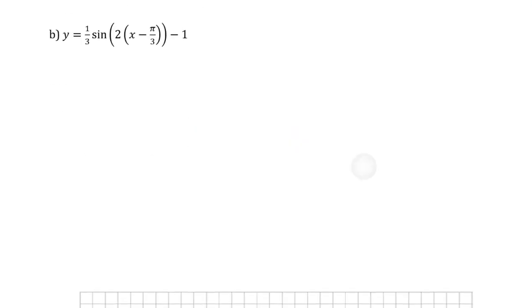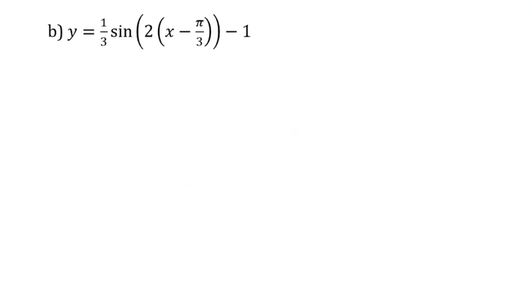Okay, we're going to do one more. First one we had to factor. We don't have to factor this one, so that part's done. What's our first step?